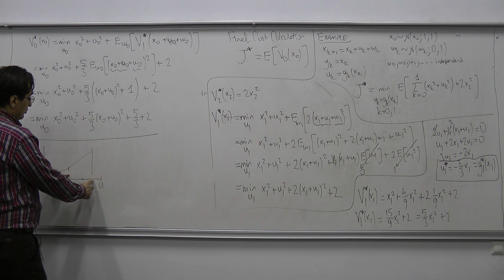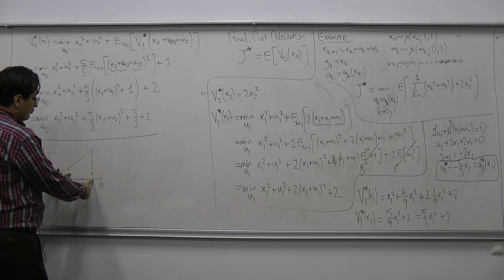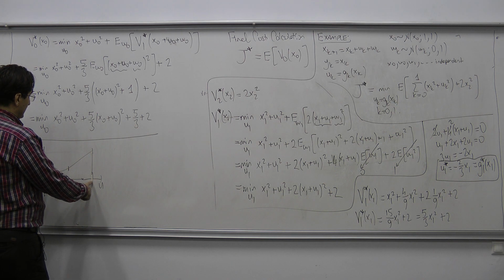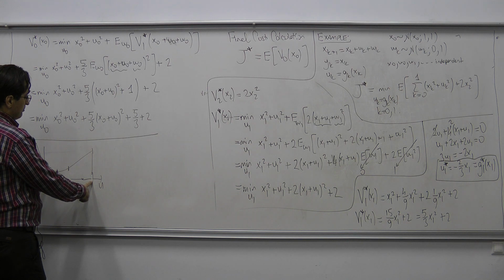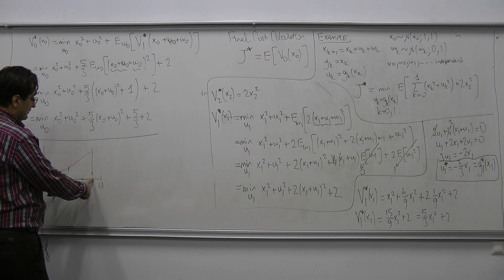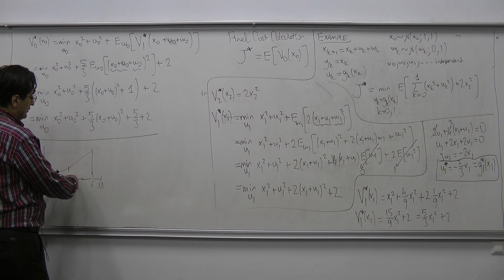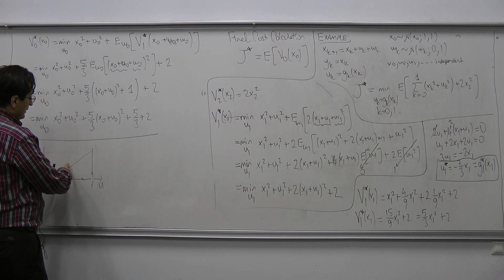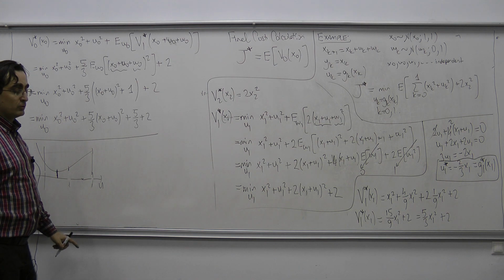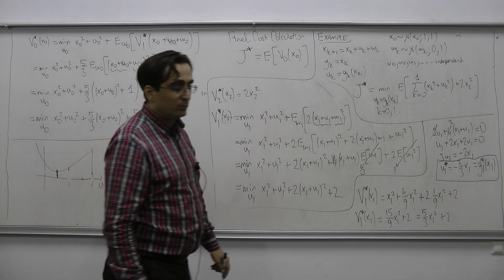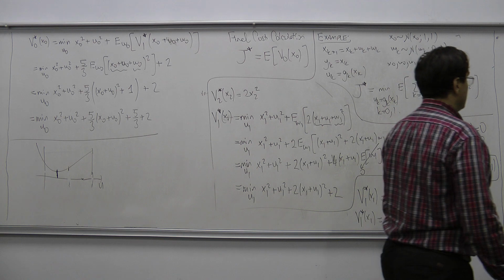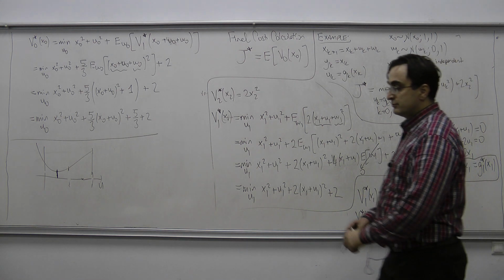But if you have constraints, then you have to check if this minimum point is inside your constraints or not. If the minimum point is not in your feasible region in this interval, then the optimal solution might be at the boundary of your constraint region. Okay?